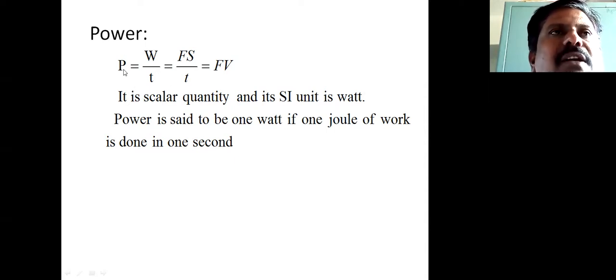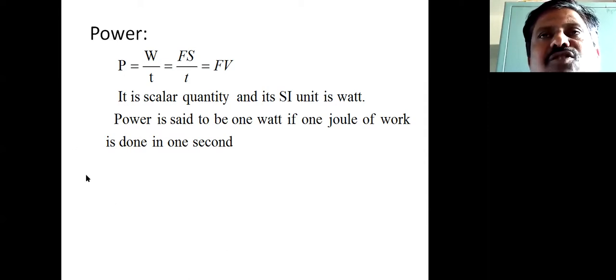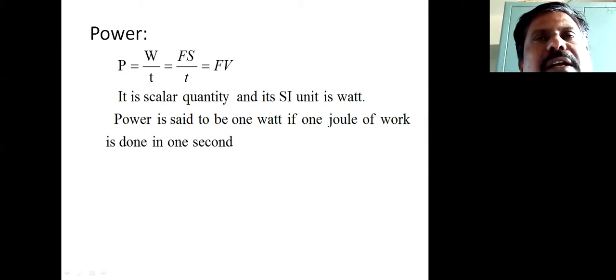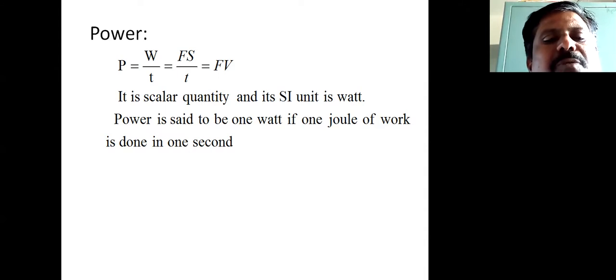By the quantity P equals W by T, the rate of doing work. On the basis of performance of work with respect to time, the power of that engine or object is measured. So we can define the rate of doing work as power.